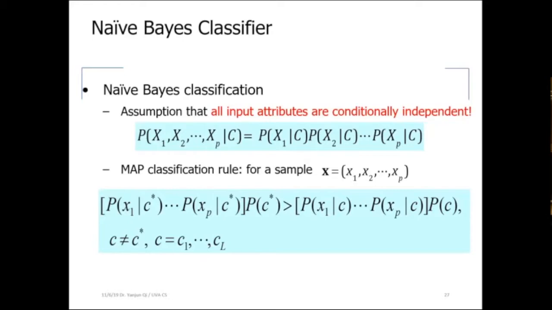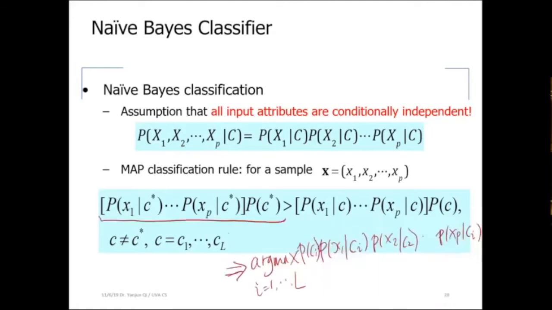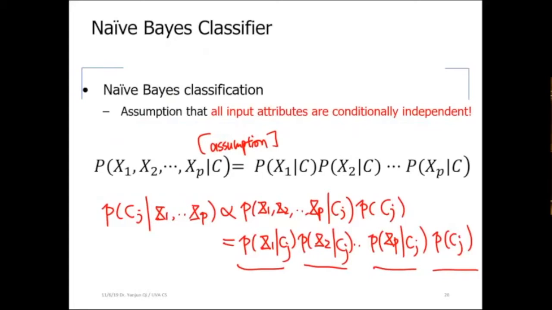So again, this is still a lookup operation. Let me write it here. What I need to estimate from the training data now is P(c), and in fact it's exactly this. Each one of these is a table.